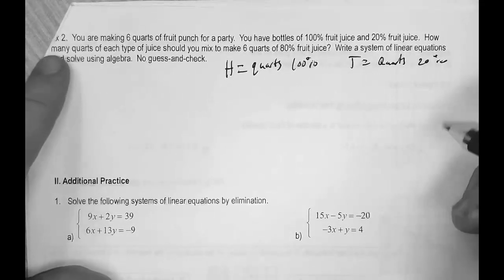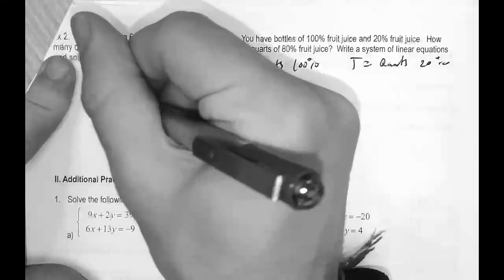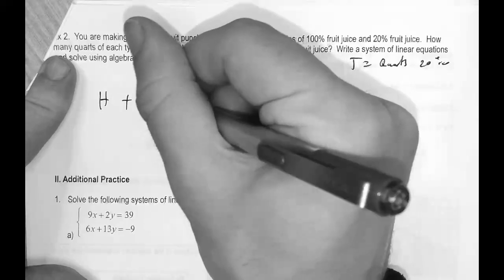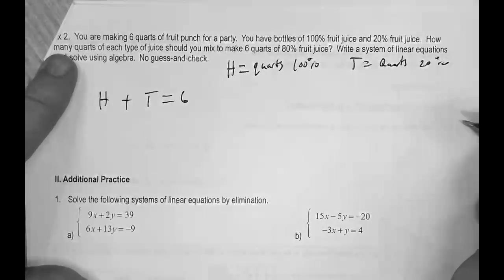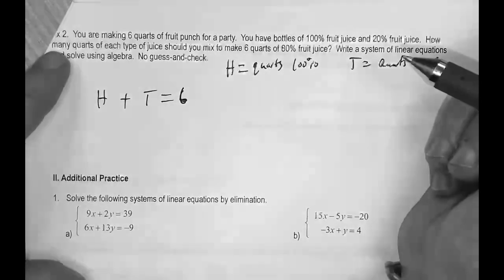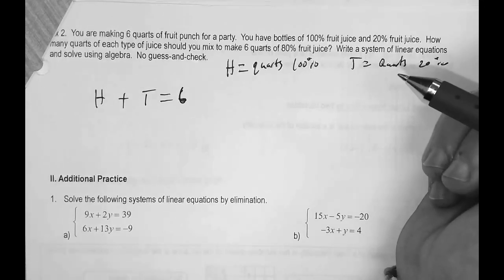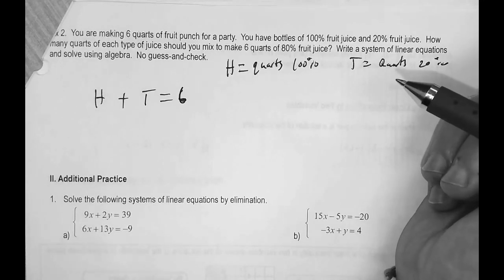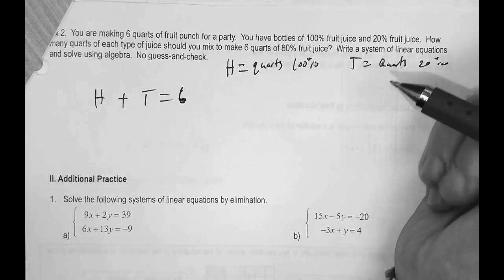Okay, and we know there's 6 quarts, so we know that the quarts of 100% plus the quarts of 20% have to equal 6. We know that. The total quarts is 6, so H plus T must equal 6.